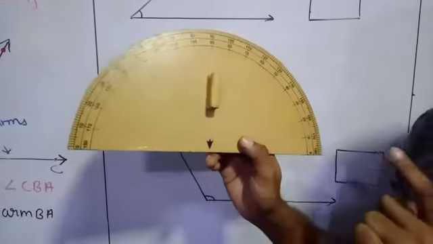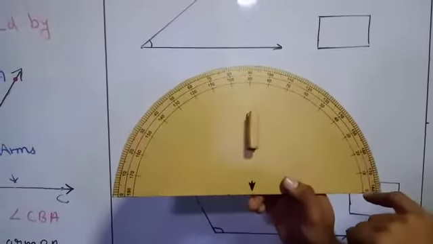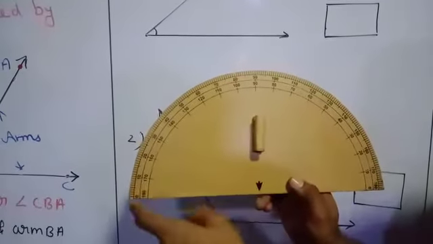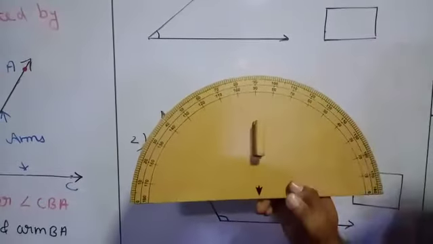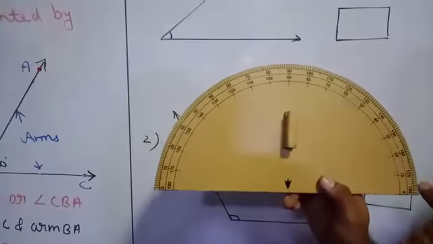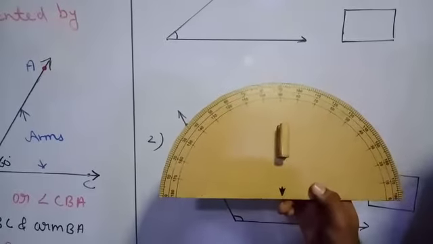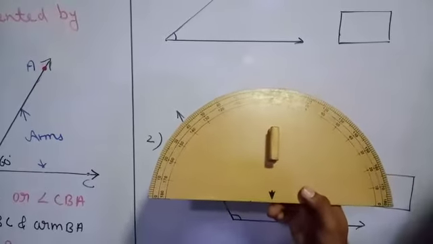Now the question is which measurement we should consider, whether we should start 0 from here or from here. That depends on which side our ray is increasing; we have to start from that side.